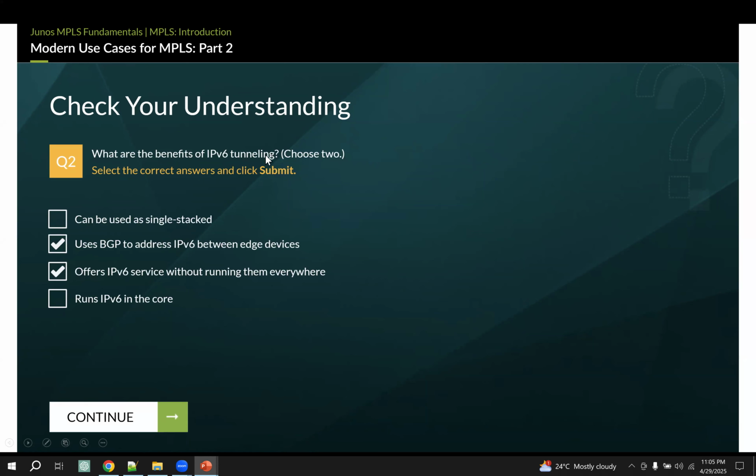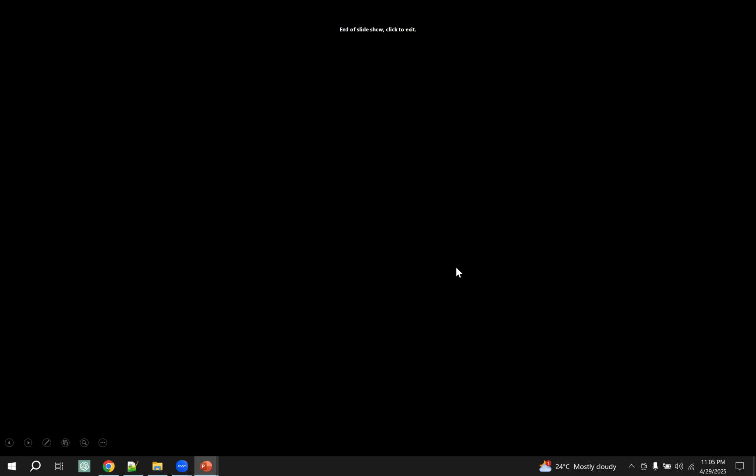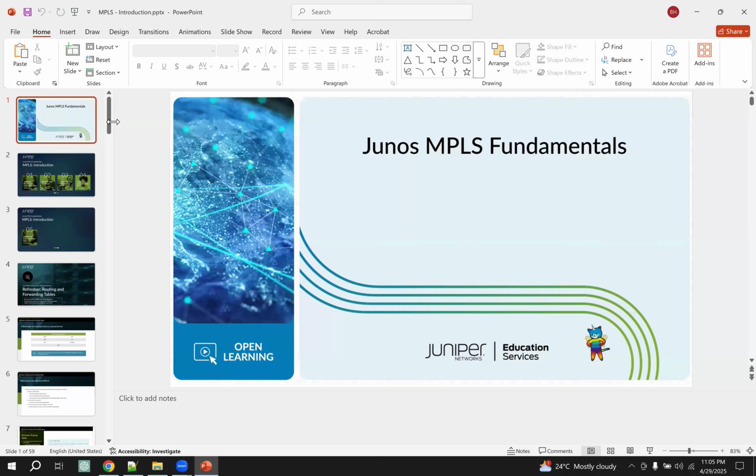What are the benefits of IPv6 tunneling? Use BGP to carry IPv6 between edge devices; it offers IPv6 service without running it everywhere. No need to apply IPv6 in all your core nodes. So this is basically the introduction of MPLS.